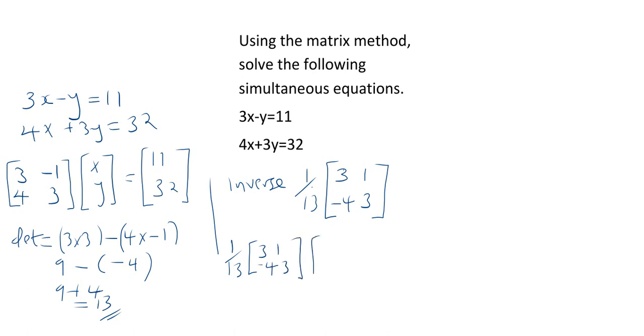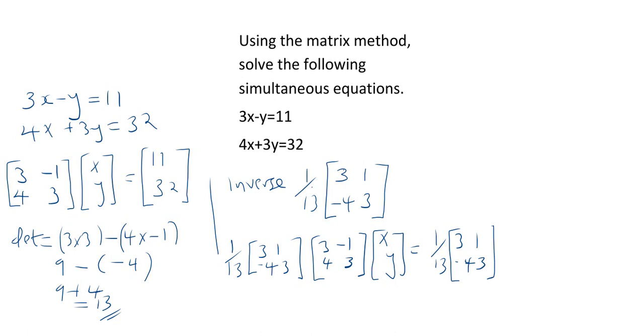We multiply with 3, 4, -1, 3, xy, and this will be equal to the inverse also times the right hand side, 1 over 13, 3, 1, -4, 3 times 11, 32.